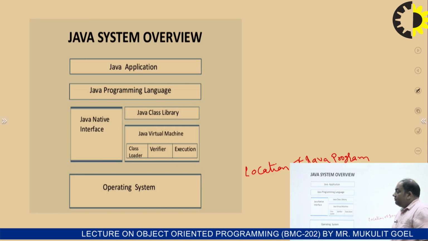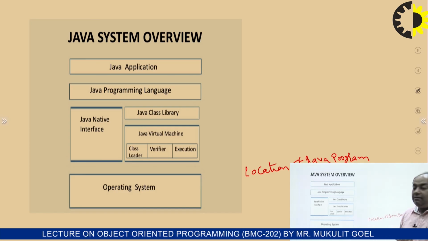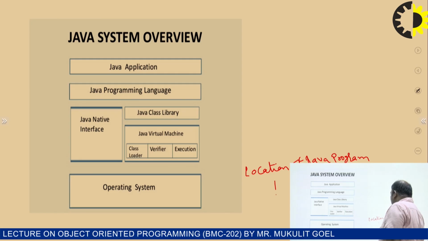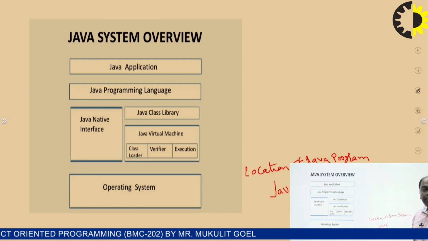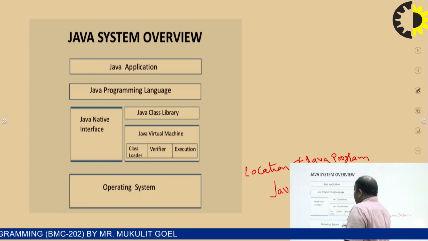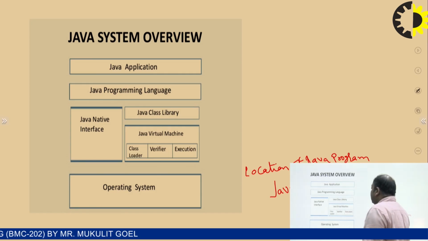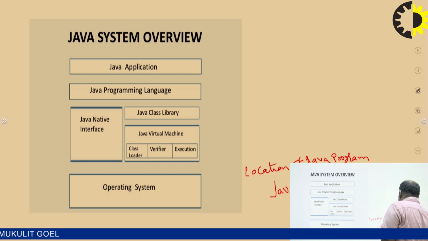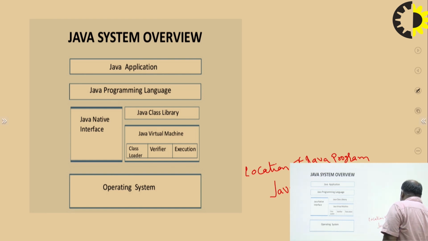Then we have to activate the Java compiler with the word javac, in which java is the programming language and c is the compiler. So it is the Java compiler, which is loaded through the JDK, the Java Development Kit.